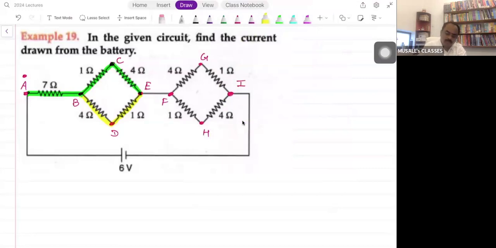We will first name them. Let this be R1, this R2, this R3, this will be R4, this will be R5, this will be R6, this will be R7, this will be R8, and this is R9.